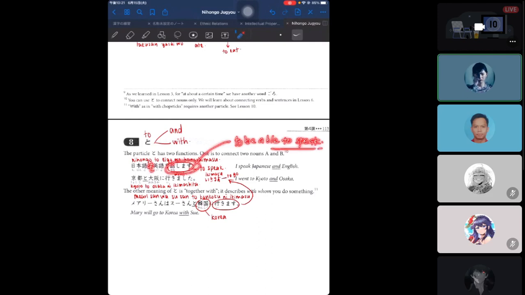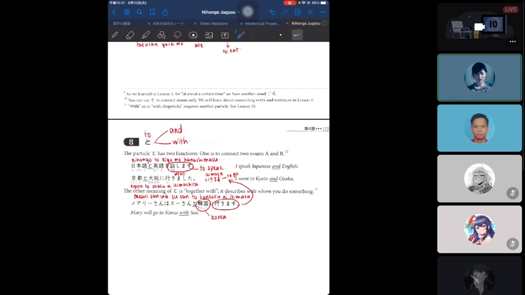Because it means like Japanese and also English I can speak. 日本語も英語も話せます. The particle here is not suitable with も because it means "also". So it depends on the sentence, which one is more suitable.